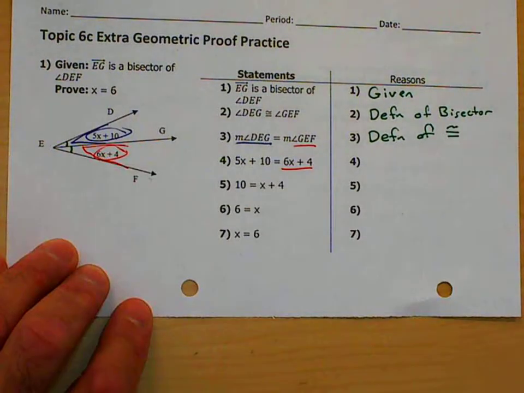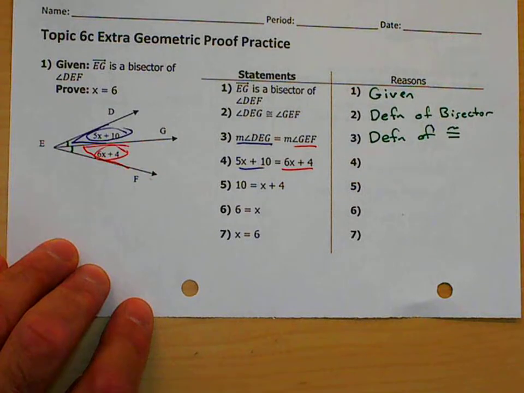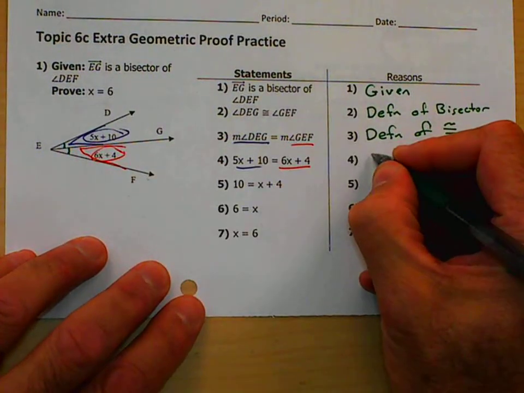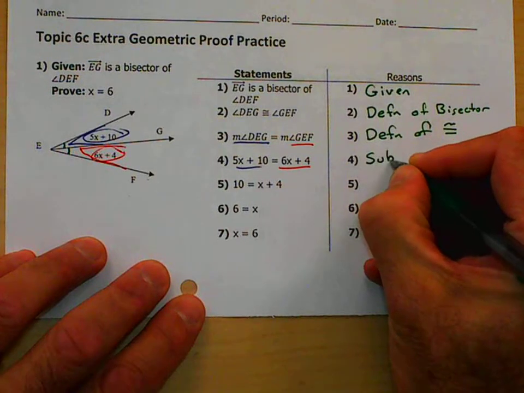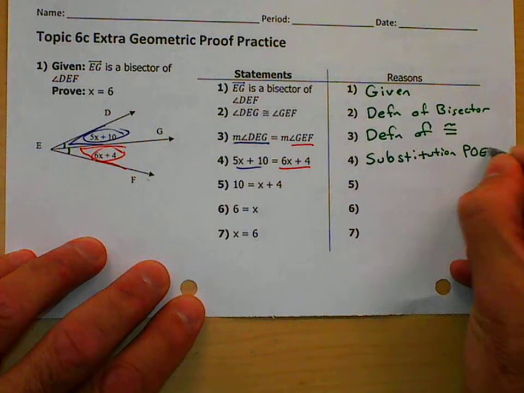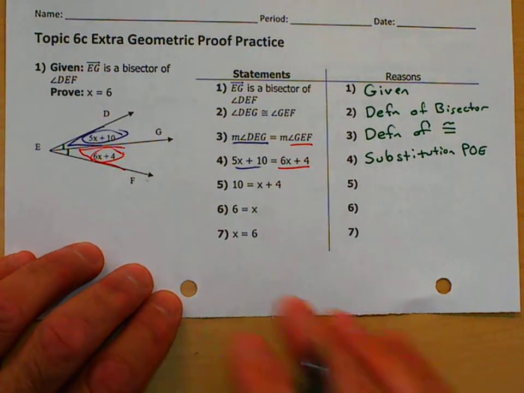So I just put that in, and I put that in. That is what? Substitution, right? I just substituted in, given the information in the picture. I'm dealing with equations, so it's property of equality.